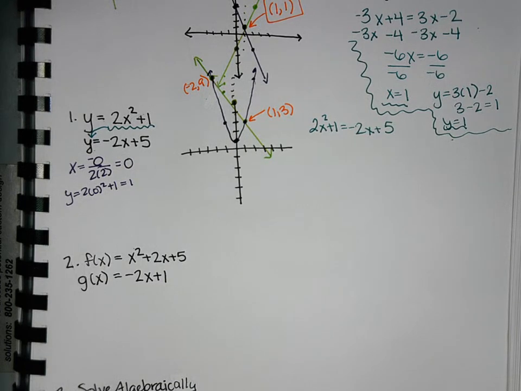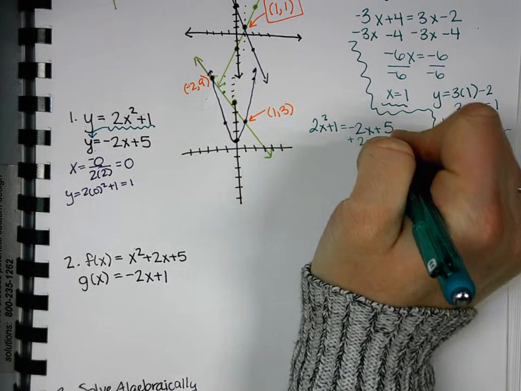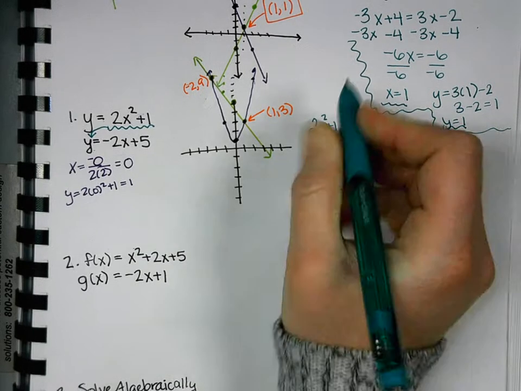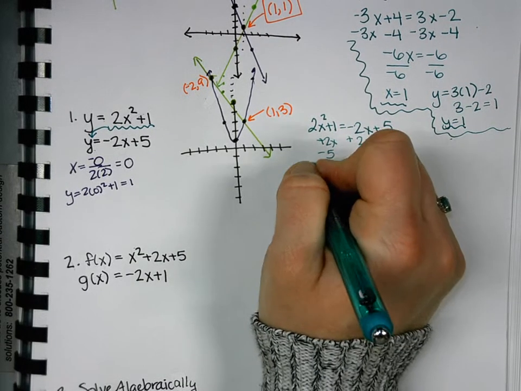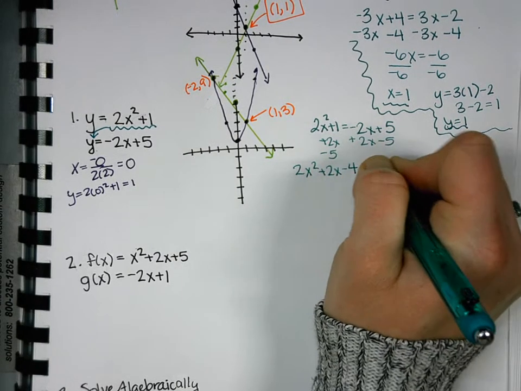This is where you get to choose your method of solving. So I'm going to move everything over to one side so I can figure out what's the best one to try. So I'm going to add my 2x and subtract 5 to both sides. So we get 2x squared plus 2x minus 4 equals 0.